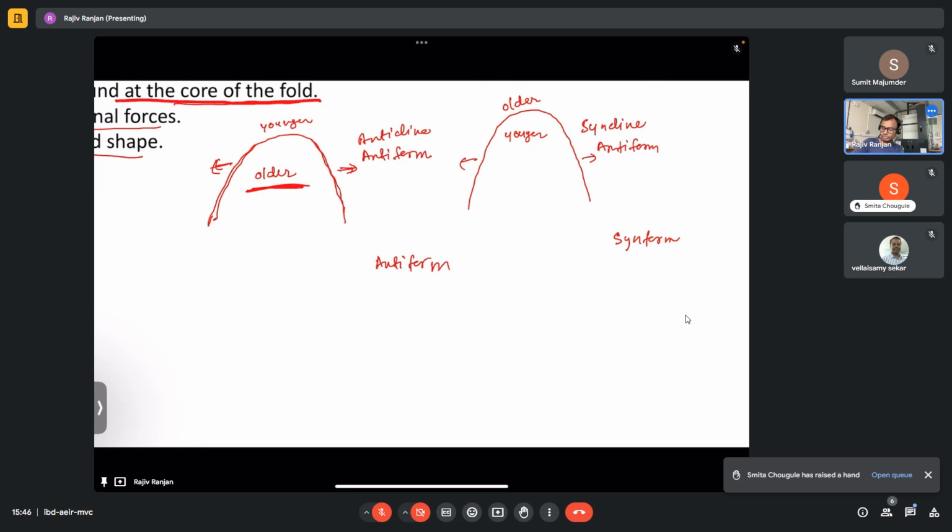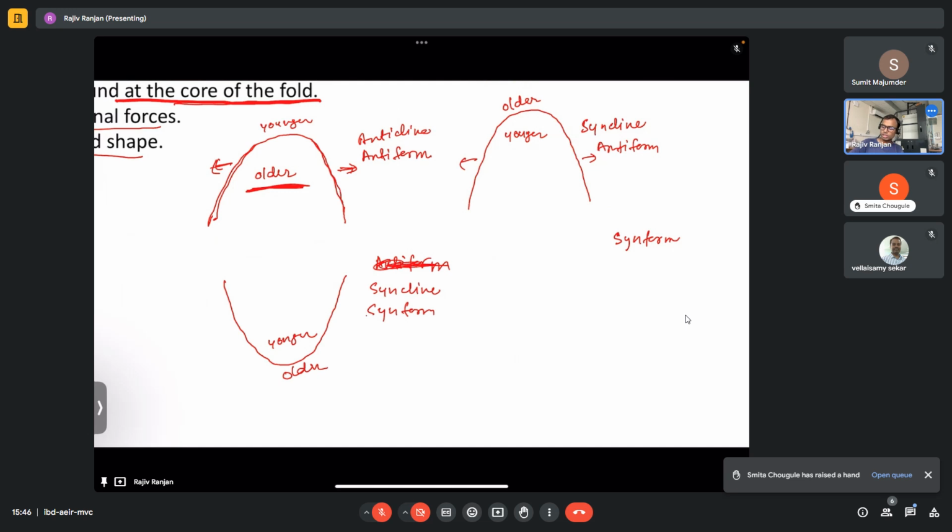But suppose you have this synform. You have here younger, here you have older. So this is what? Syncline and synform.